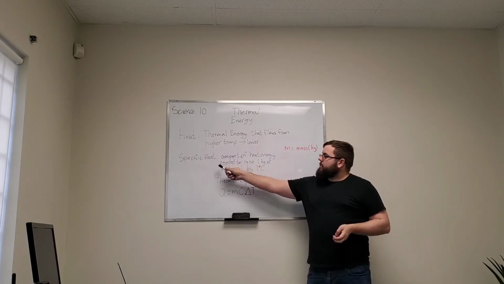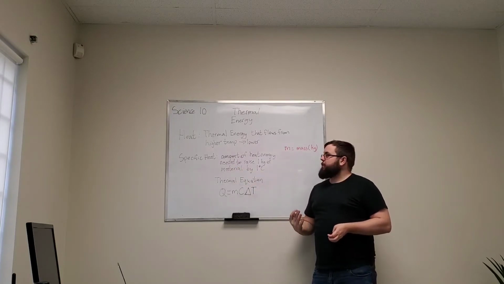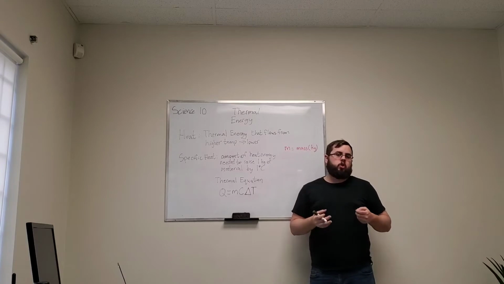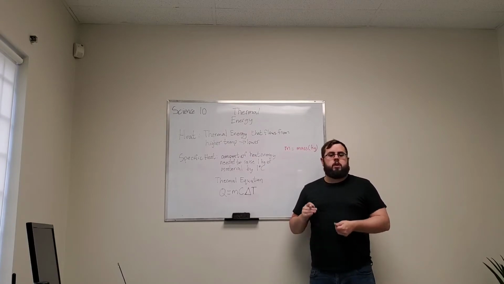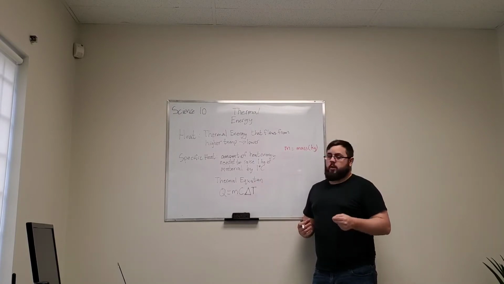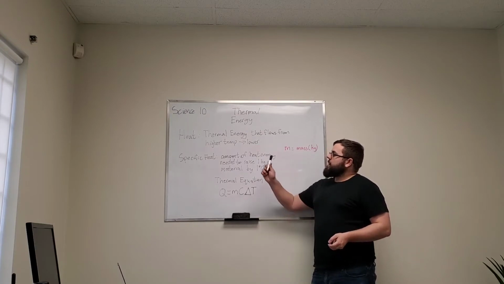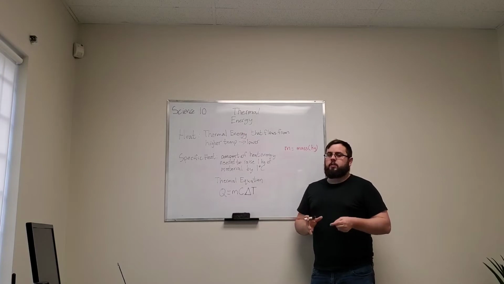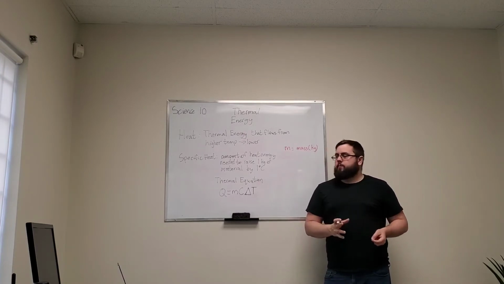And we have something that we need to know called the specific heat constant. Depending on your given material, be it water, wood, steel, whatever it is, each substance will have its own coefficient, its own property. And that is the amount of heat energy that would be needed to raise 1 kilogram of that material by 1 degree.